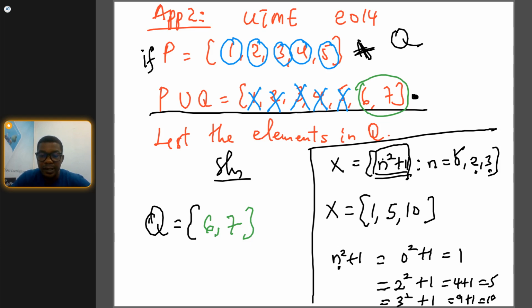This is the second class, and tomorrow we'll have the third class, the continuation of the topic. Tomorrow we are going to have more applications to solve, and we are going to consider the latter part of the topic, which is Venn diagram and the applications of Venn diagram.